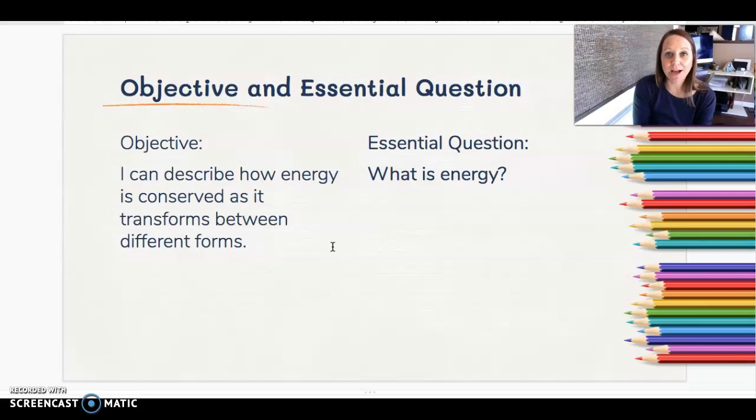Well, the same law applies to energy, but we call that the law of conservation of energy. So energy also changes from one form to another, but the amount of energy always stays the same. That's what we're going to be looking at, how it's conserved as it changes from one form to another. Our essential question is, what is energy?